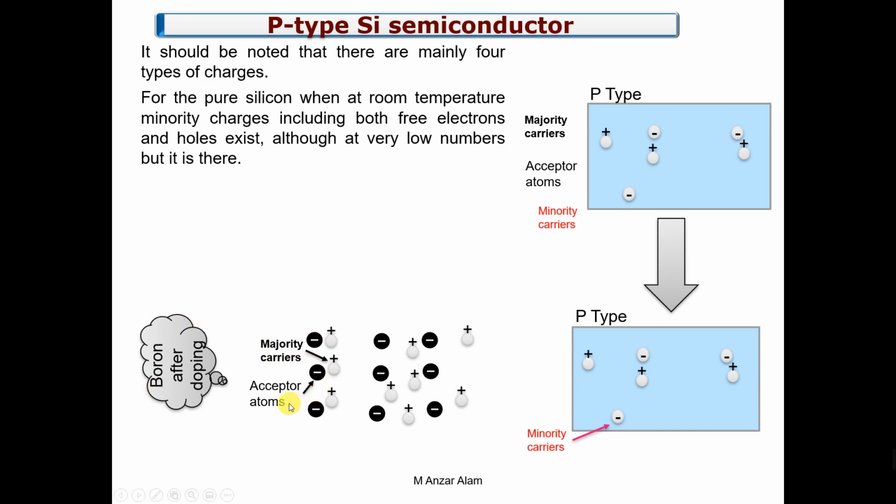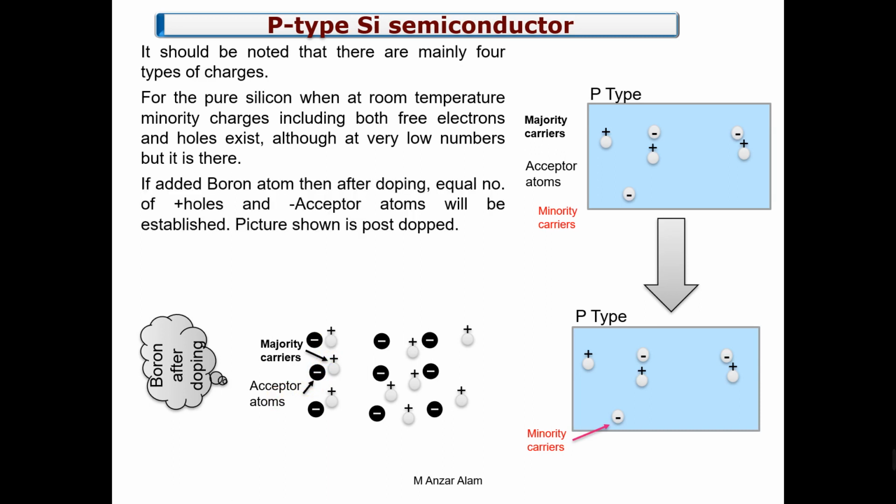This is an acceptor atom, because the boron atom accepts one electron. Because one electron is freed from the structure, an equivalent number of holes will also be created, as we saw before. After doping with boron, an equal number of positive holes and negative acceptor atoms will be established. So these are the results of doping with boron.